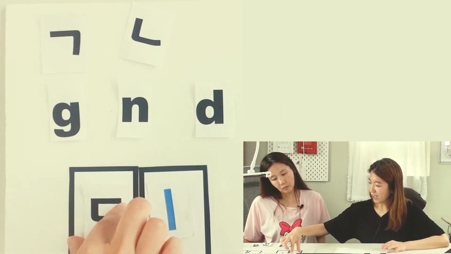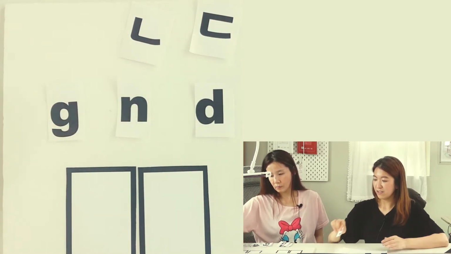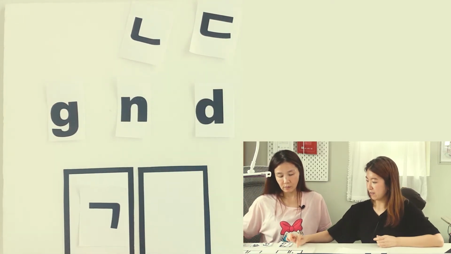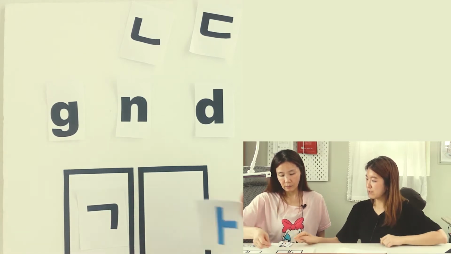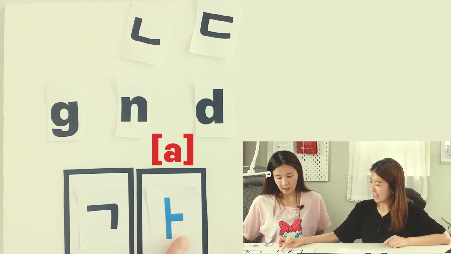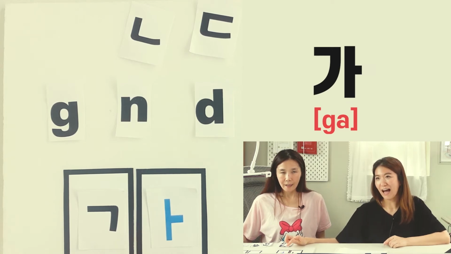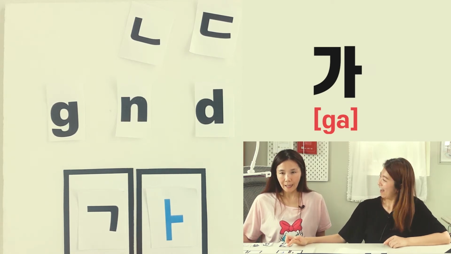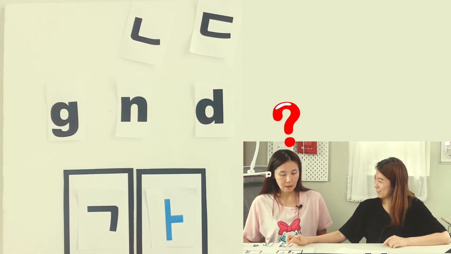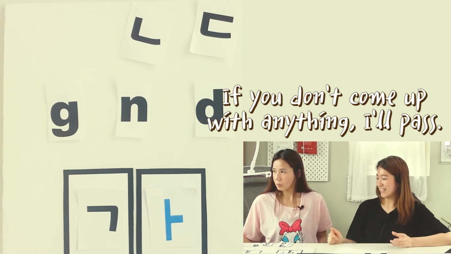Then why don't we change the vowel sound from now on? So I just put 기역 back in the left box, and you can put the next vowel sound, A. So G sound plus A is ga. Any word starting with ga? Anything? If you can't come up with anything, I'll just pass.